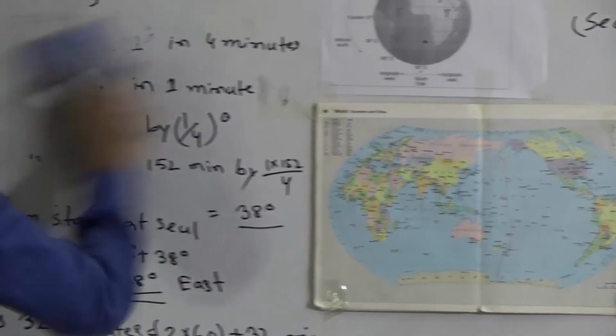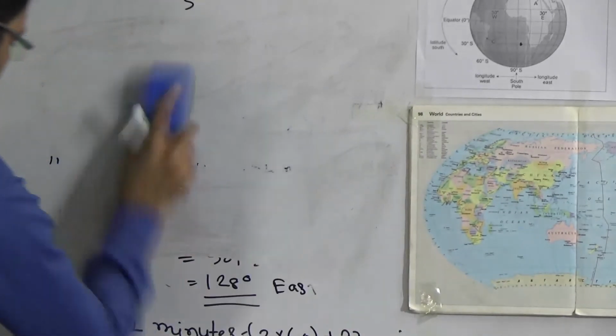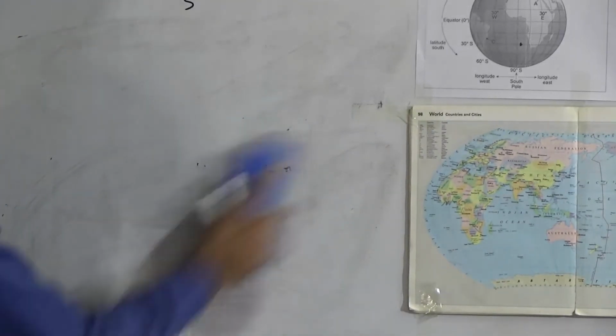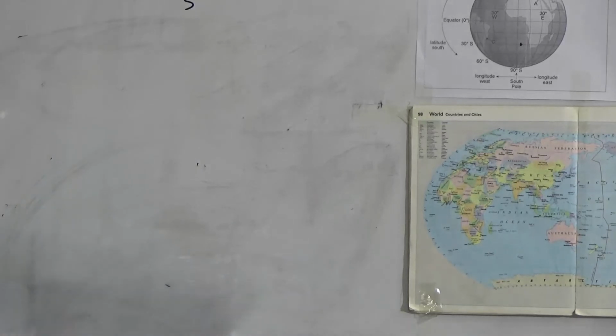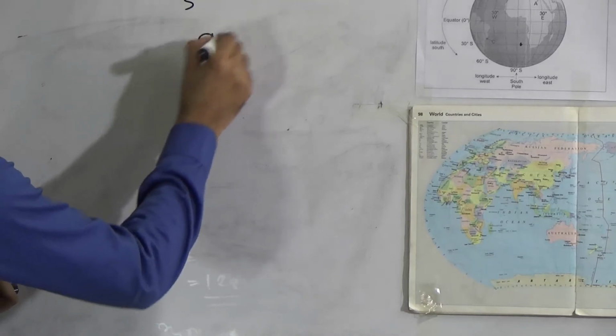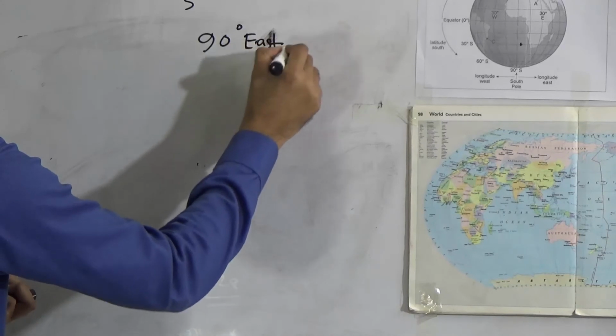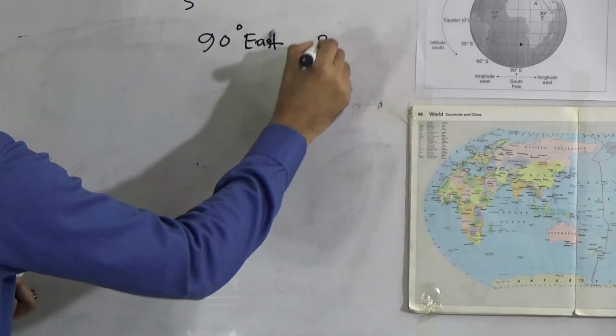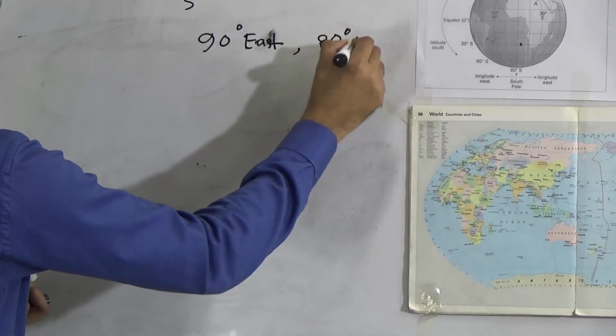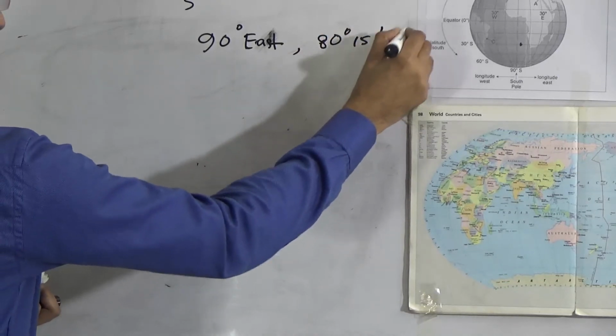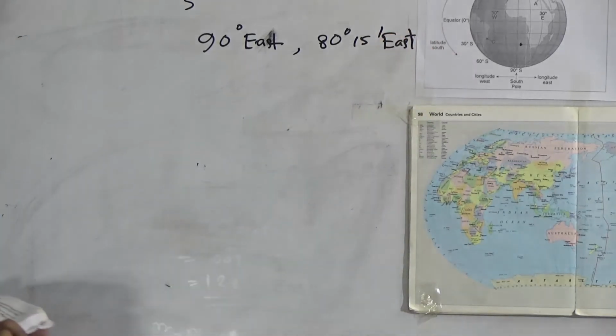Now there is another question in your book. The meridians of Dhaka and Chennai are respectively 90 degrees east and 80 degrees 15 minutes east. That means Dhaka is 90 degrees east and Chennai is 80 degrees 15 minutes east.